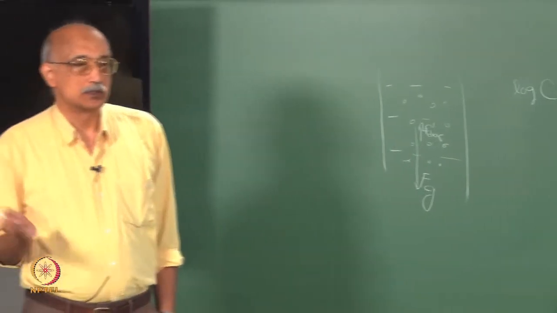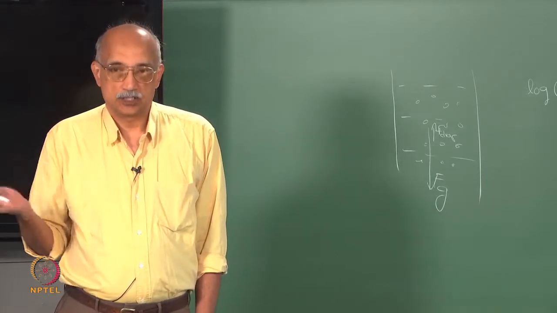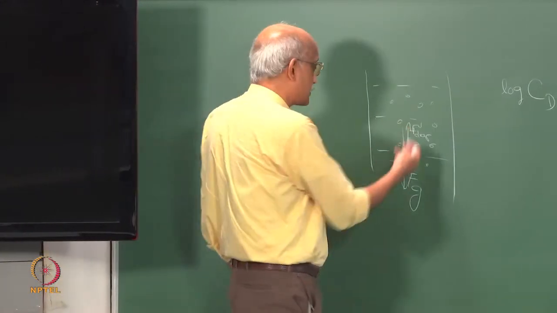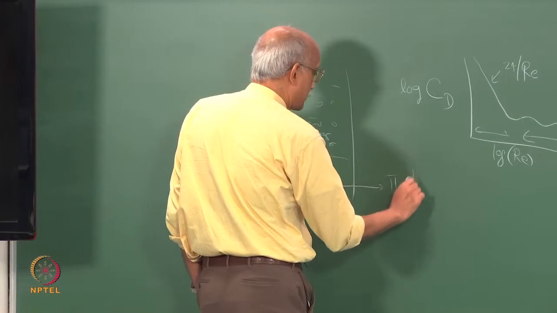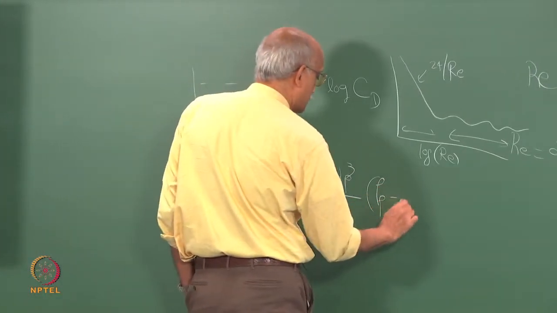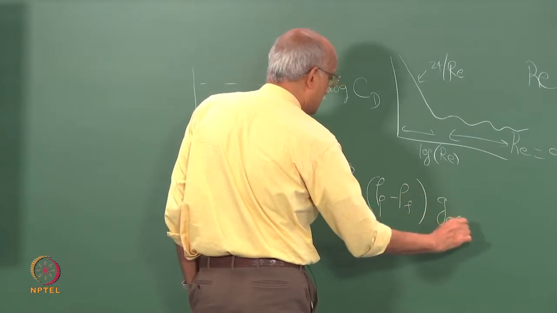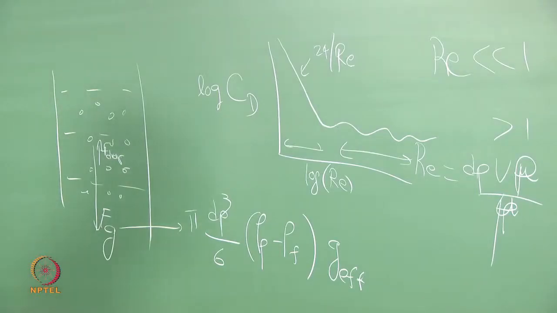So, what happens as the particle settles, it reaches a terminal velocity, and the terminal velocity is derived as a balance between F drag and Fg, which you can write as pi dp cube by 6 times rho p minus rho f times g. This g can be g effective depending on the body force field that is applied.